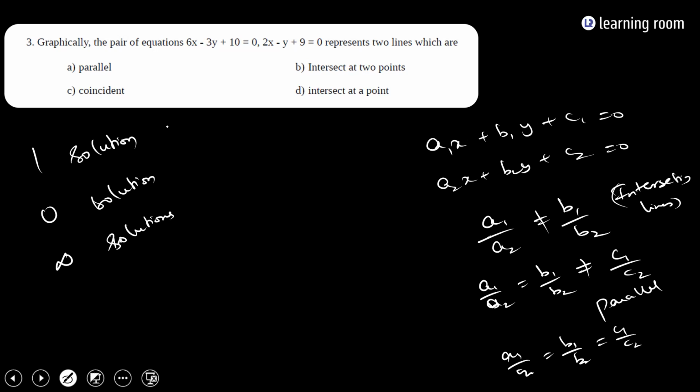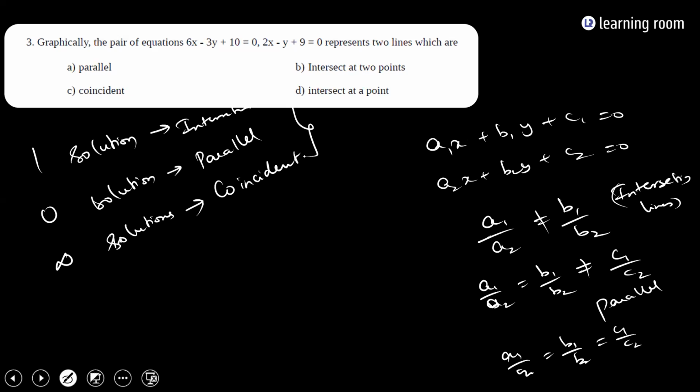Intersecting at one point. When I say zero solution, parallel lines, they will never intersect. Infinite solution, they both overlap on each other, so coincident is going to be the answer. Are you able to understand?